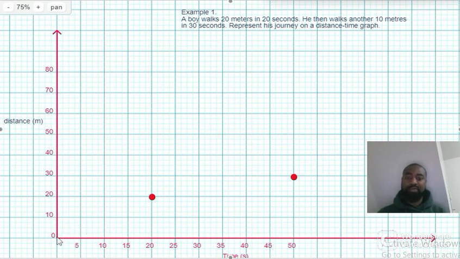So we'll do that starting here, and also we connect this one as well. So now we've represented this journey on this distance time graph.